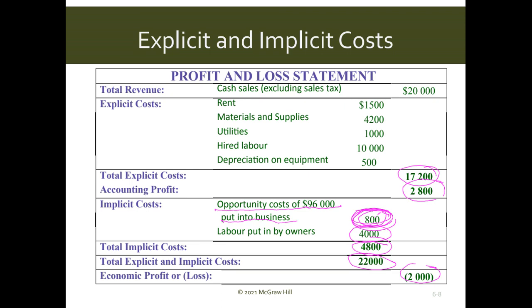You are earning, accounting profit is 2,800. Your implicit cost is $4,800. So basically you have a loss of 2,000. So that loss is called economic loss. Let me show you another example, and that will further clarify this.